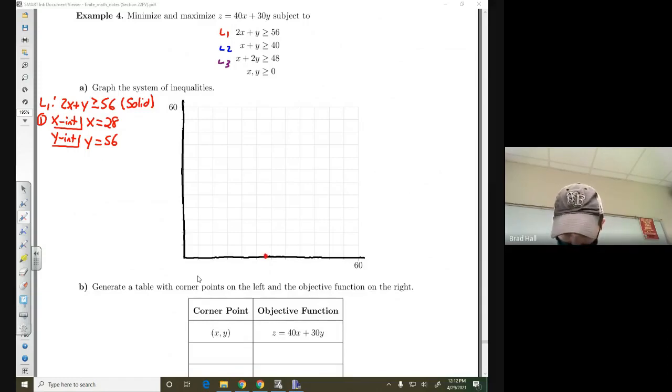So 28 would be in between those. And 56, 60, 55. So 56 would be right above that tick marker. We already said it's a solid line, so let me go ahead and connect these two dots.